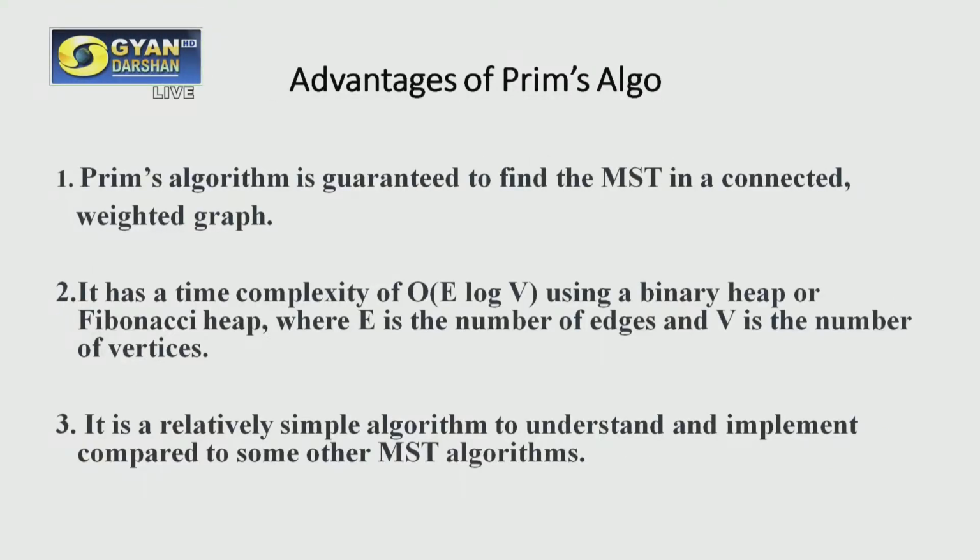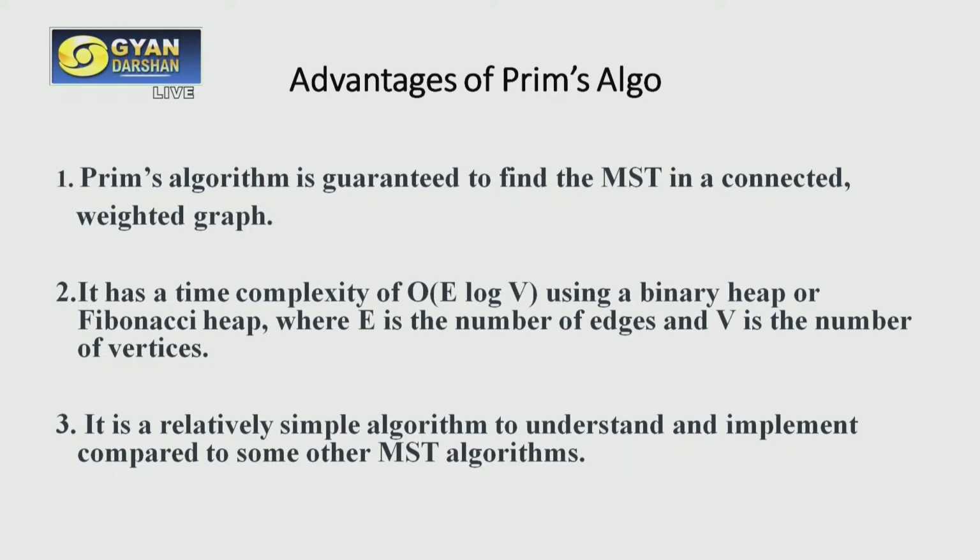Then the next question comes: what are the advantages of Prim's algorithm? As I told you, for the minimum spanning tree there is one more popular algorithm, known as Kruskal's algorithm, but we are not going to discuss that today. We will cover that in another lecture.